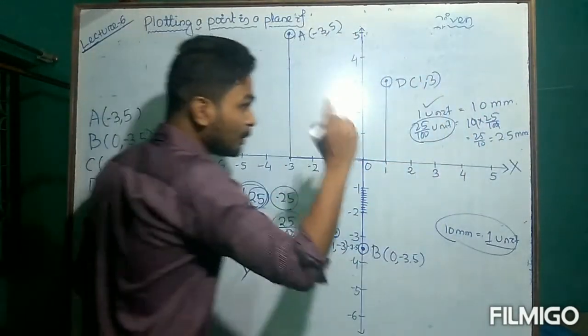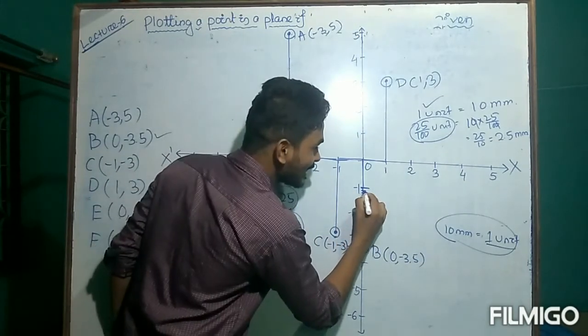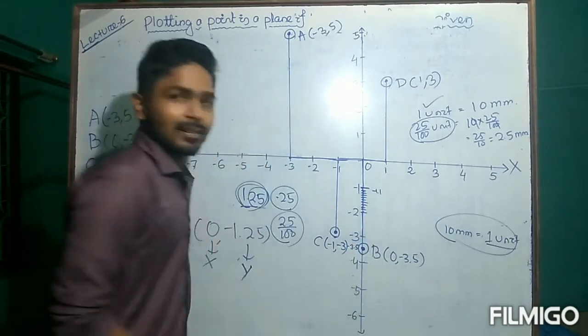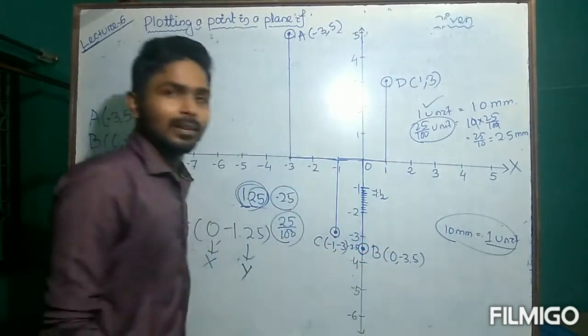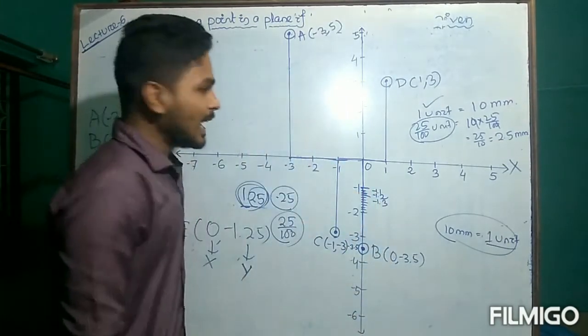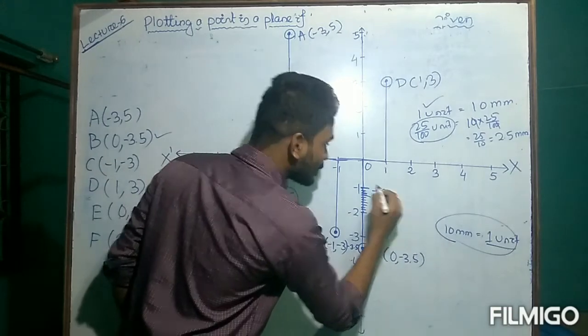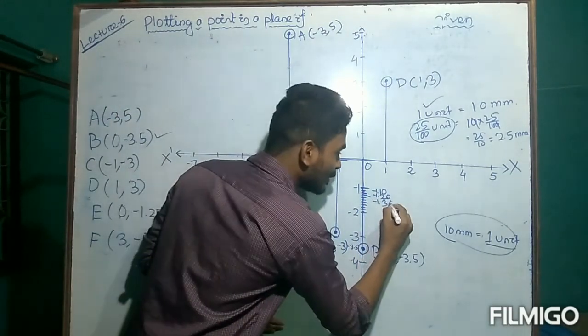That means you have to cover, see, this is minus 1. This is minus 1.1, this point is minus 1.2, and this is minus 1.3. Minus 1.1 means minus 1.10, then minus 1.20, then minus 1.30.